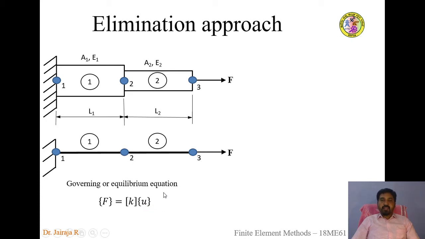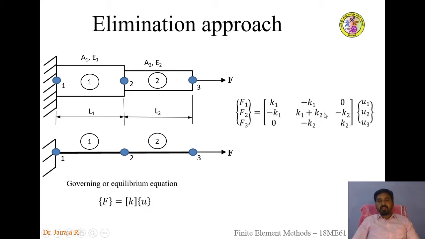In the second session we derived the global stiffness matrix for this stepped bar problem. This is the force vector F1, F2, F3, this is the stiffness matrix, and this is the displacement vector.